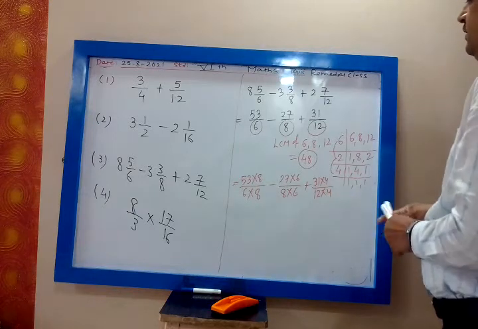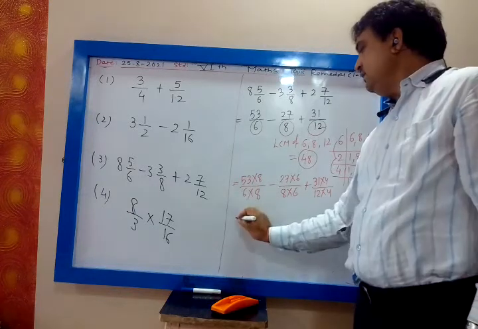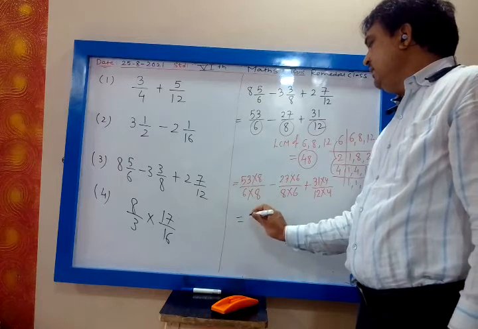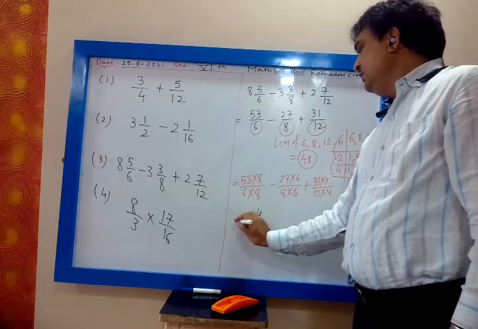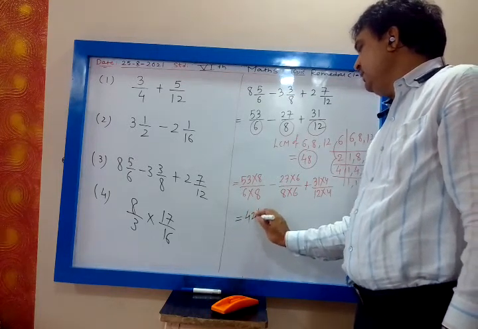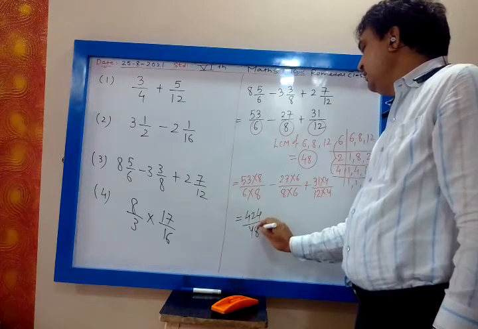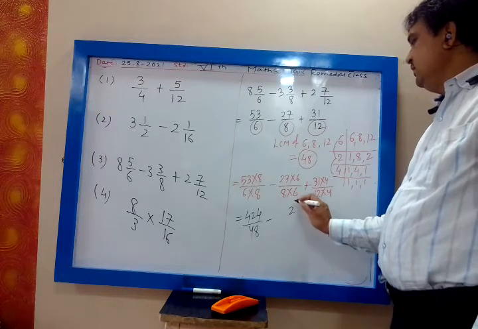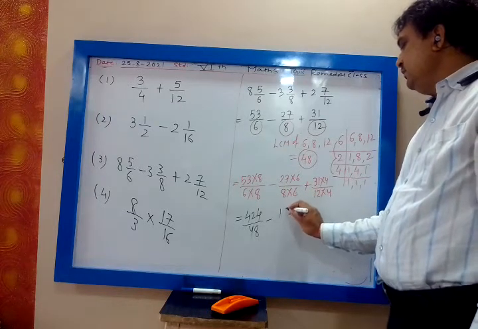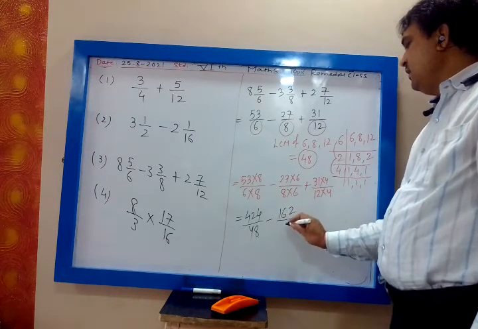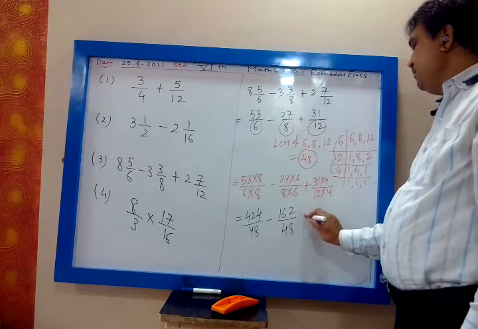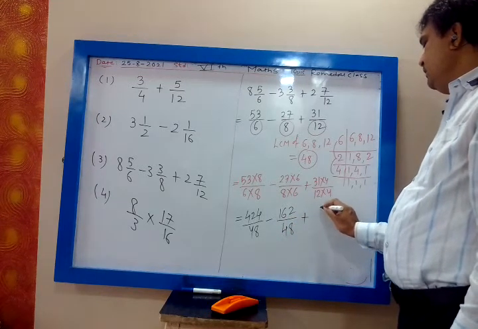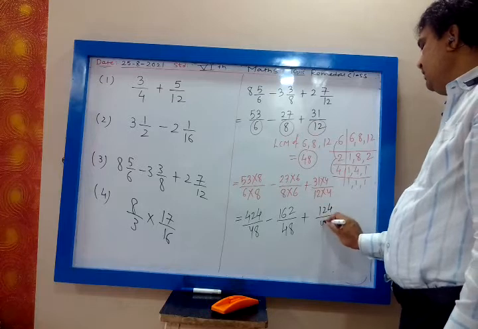53 into 8. Simplify. 8 3s are 24, 8 5s are 40, plus 2, 42, 424 upon 48. Minus 27 into 6: 7 6s are 42, 6 2s are 12 plus 4, 16, 162 upon 48. Plus 31 into 4: 4 1s are 4, 4 3s are 12, 124 upon 48.